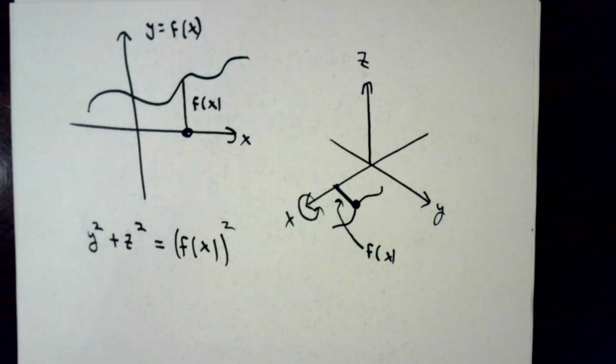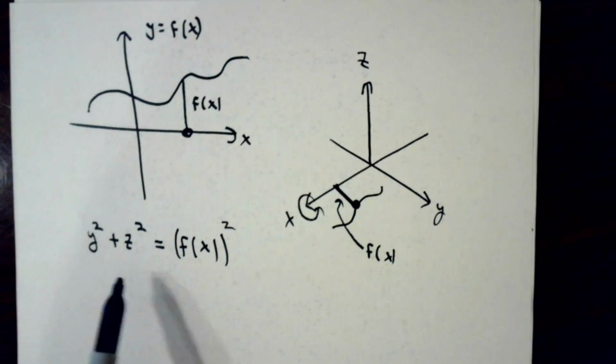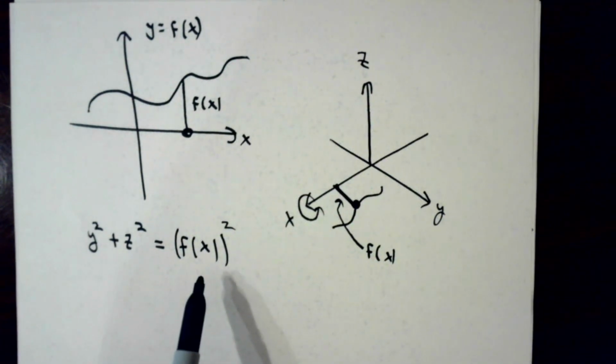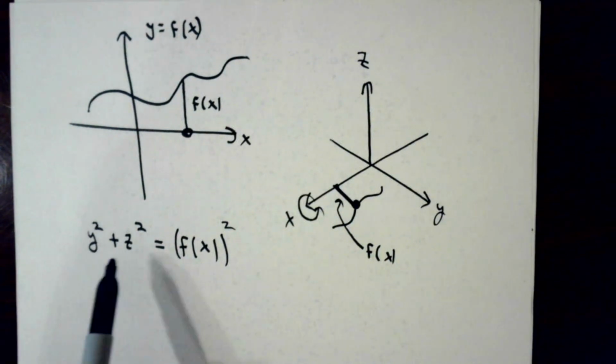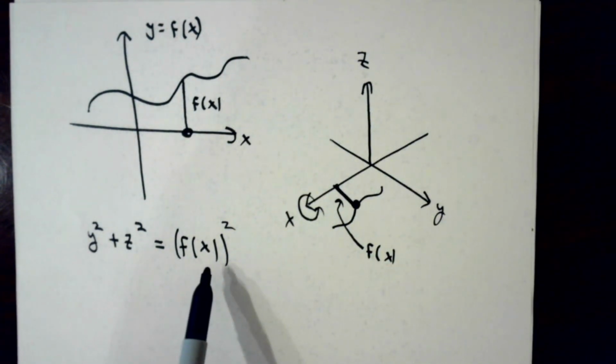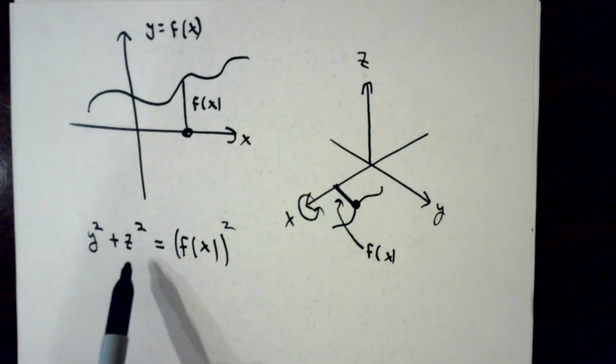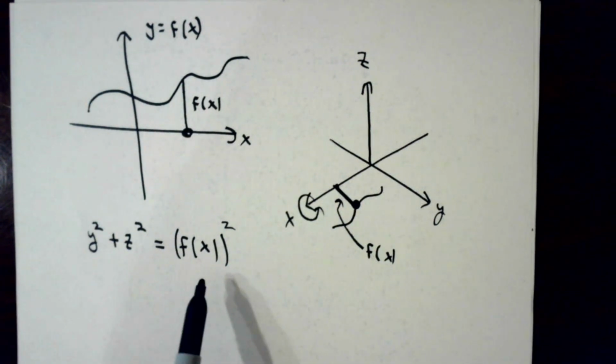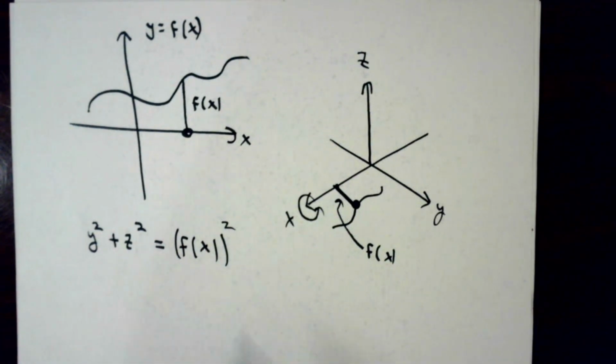It's worth mentioning that the structure that I'm thinking about has to be right. Y squared plus z squared is the square of f of x. Y and z are two of my coordinates, and what shows up over on the other side does not involve y and z. It can only involve the other coordinate.